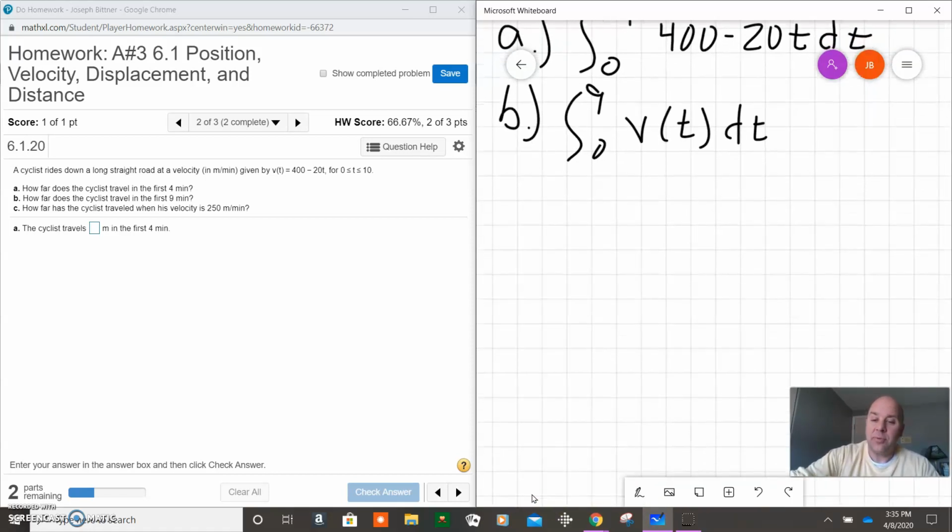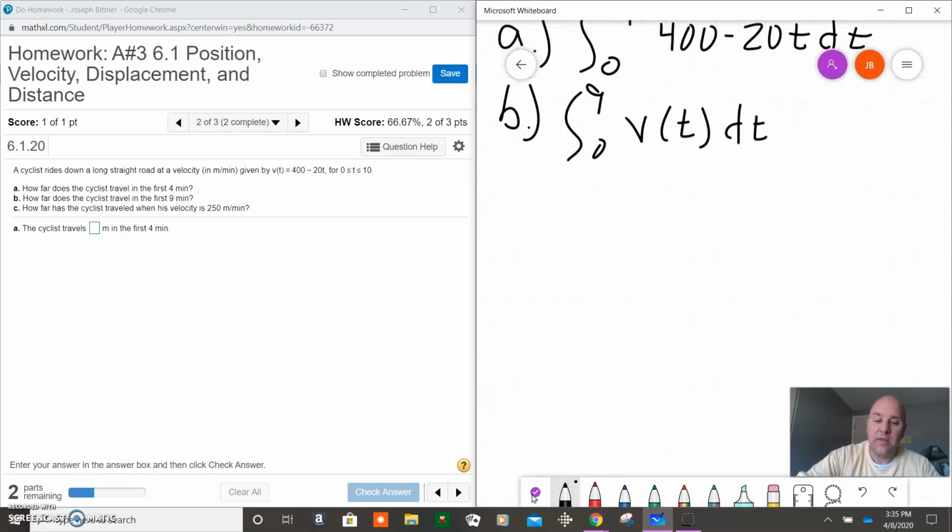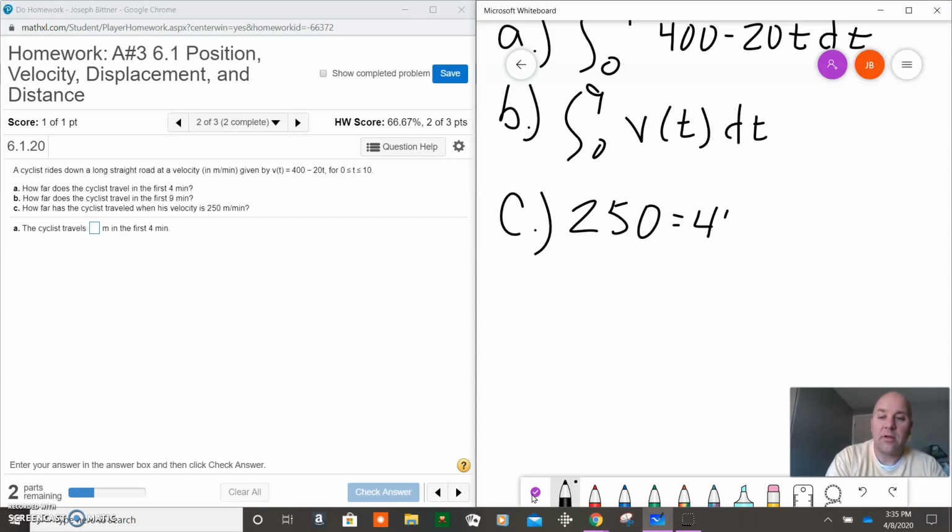And then the last part here on C, they kind of ask a 2-part question here. How far has a cyclist traveled when the speed is 250 meters per minute? Well, we've got to figure out at what time the cyclist reaches 250 meters per minute.